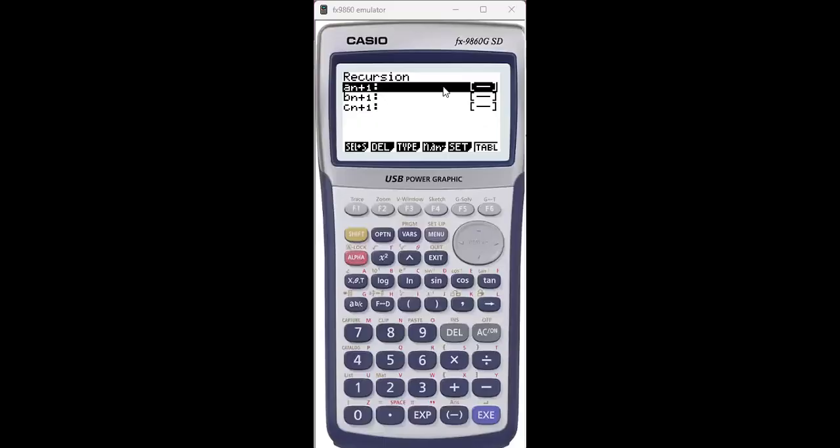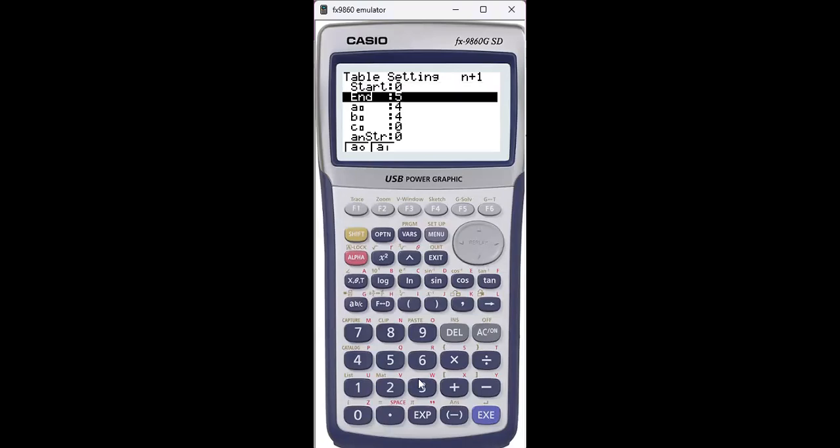As you know, we use this recursion for Euler's method. First of all we need to set the table. I think we need 3, so 3 is enough, right? a0 is 0 here and b0 is -1.